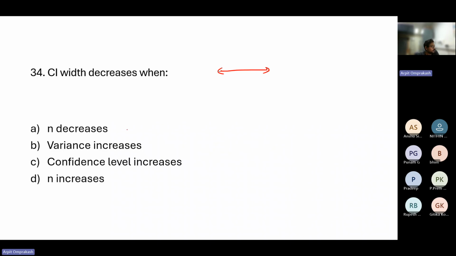So confidence interval width is actually proportional to sigma by root n. So as n increases, the confidence interval width decreases.